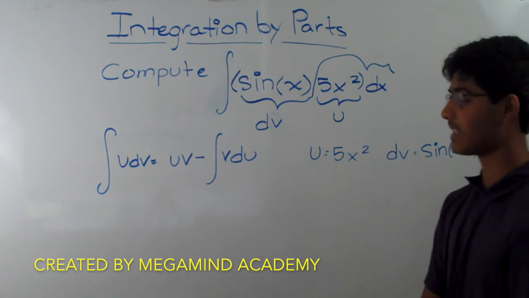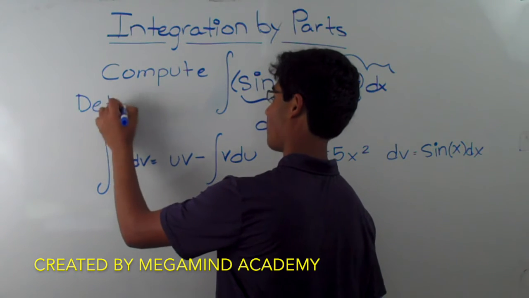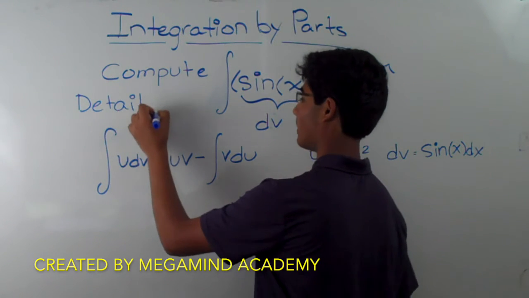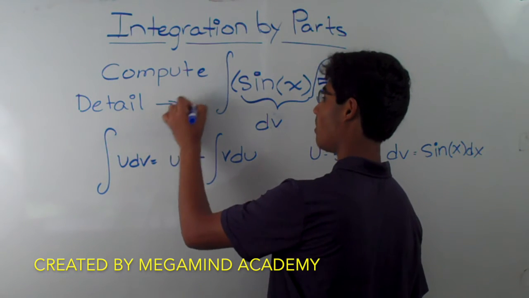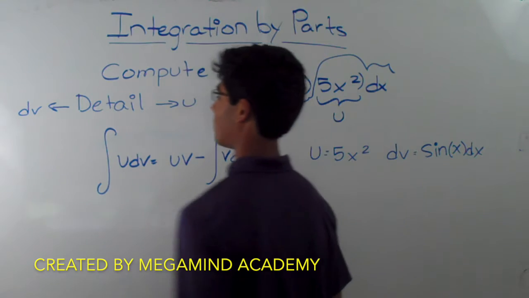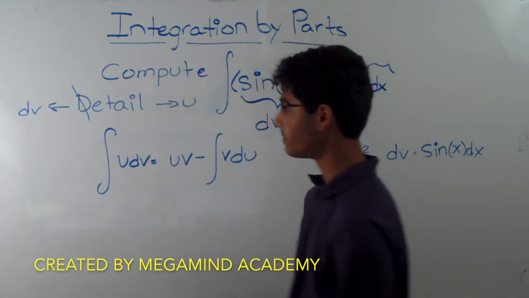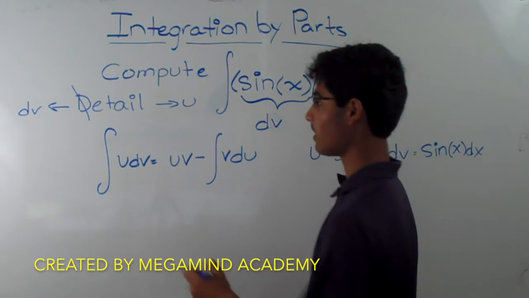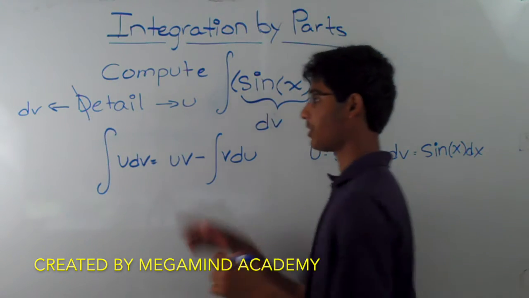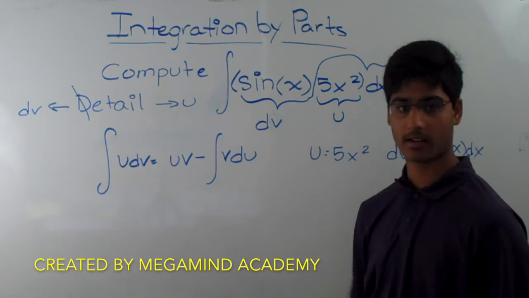Another way to remember this is the acronym DETAIL. On this side of DETAIL we have u, on this side we have dv. The D doesn't really stand for anything, but in this acronym, the E stands for exponential, then trigonometric, algebraic, inverse, and logarithmic.